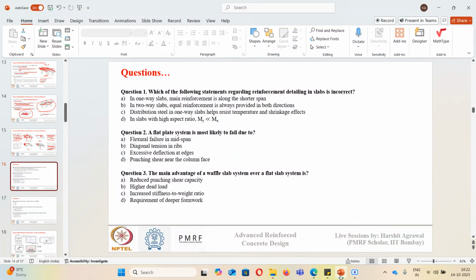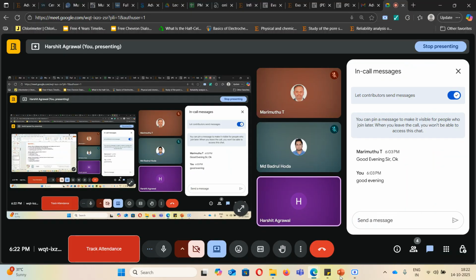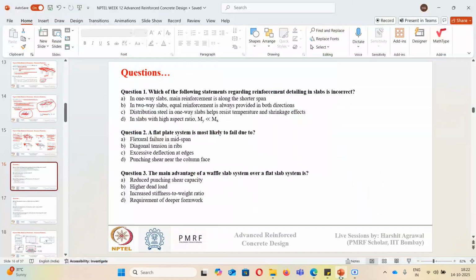Which of the following statements regarding reinforcement detailing in slab is incorrect? What will be the answer for question number one?